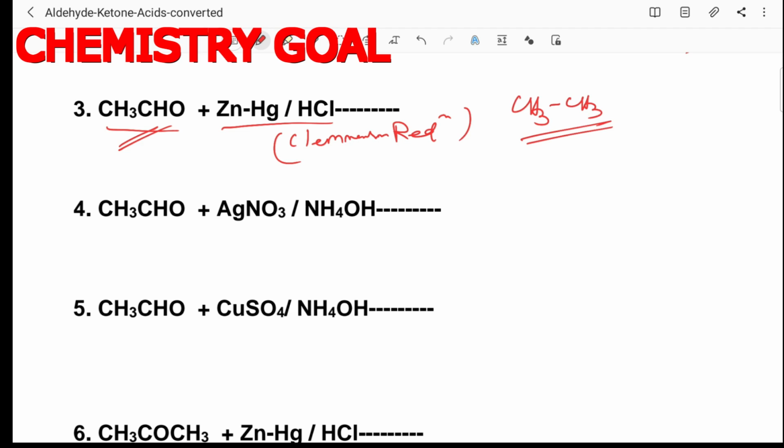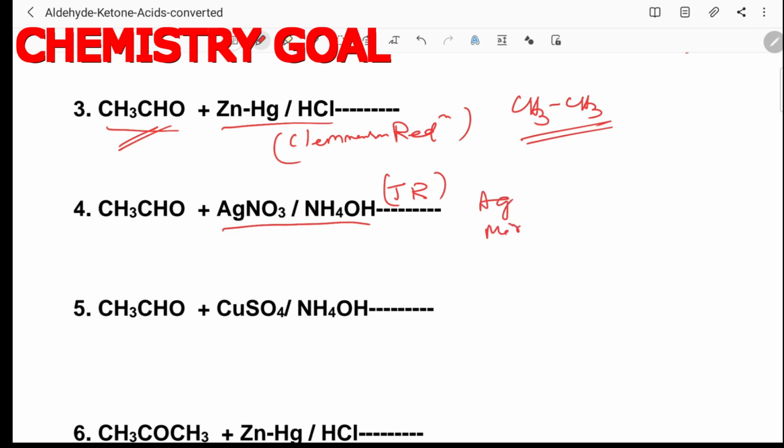Then that is reaction 4. CH3CHO reacts with AgNO3 and ammonium hydroxide. It is called Tollens reagent, short form TR. Tollens reagent reacts with aldehyde and produces a silver mirror.